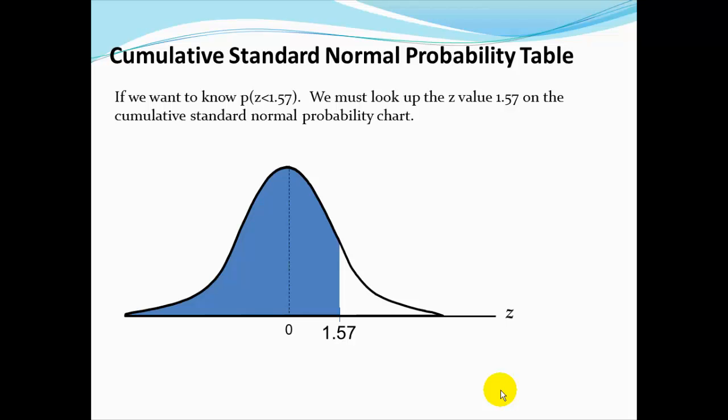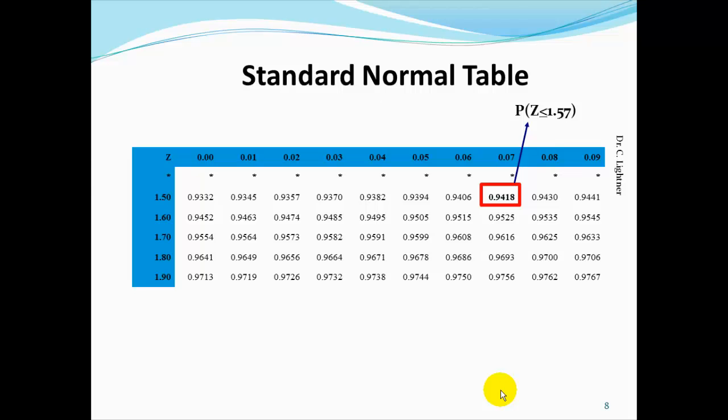If we want to know the probability that z is less than 1.57, we must look up the z-value 1.57 on the cumulative standard normal probability chart. In order to do this, we go to the chart and we go to the row for 1.5. We go to the column for 0.07.